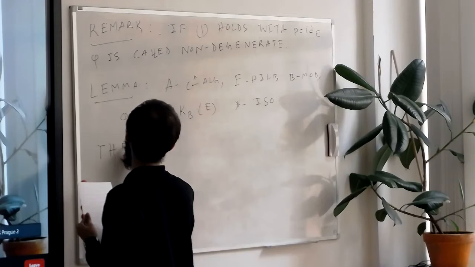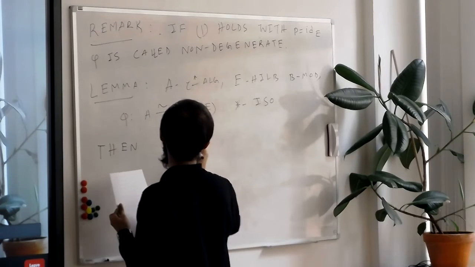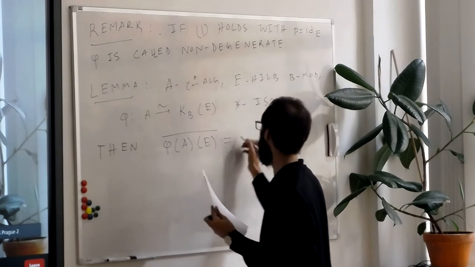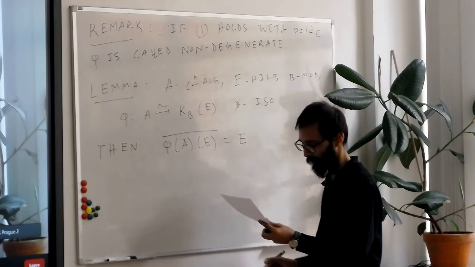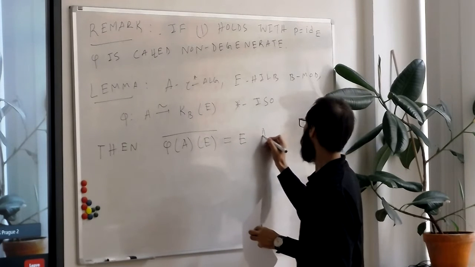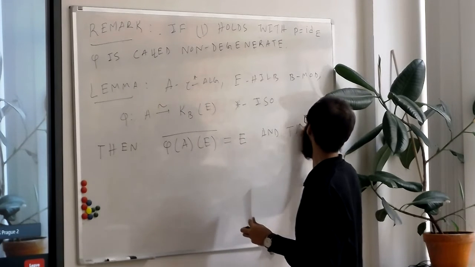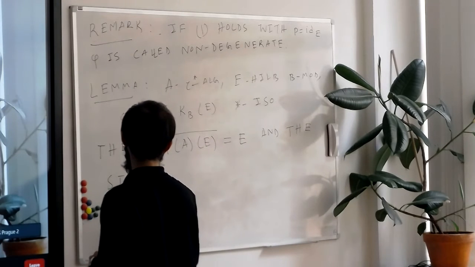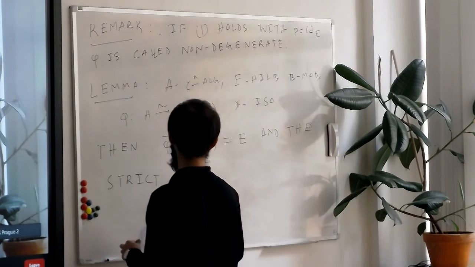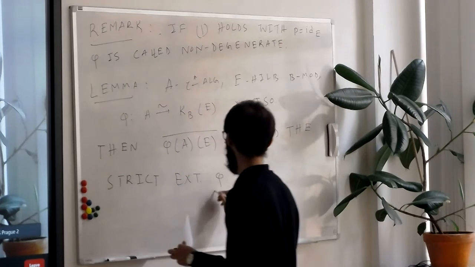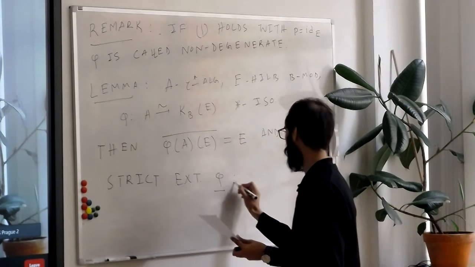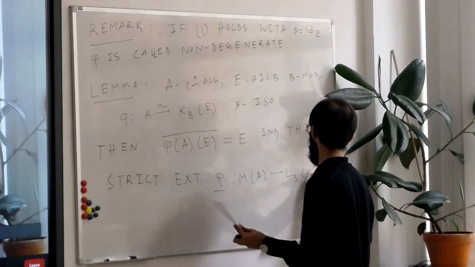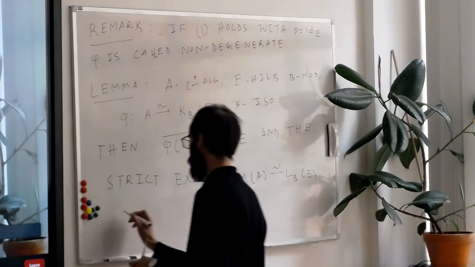Then the module is complemented with the projection being the identity, and the strict extension, which is phi bar, from the multiplier into the adjointables is an isomorphism.